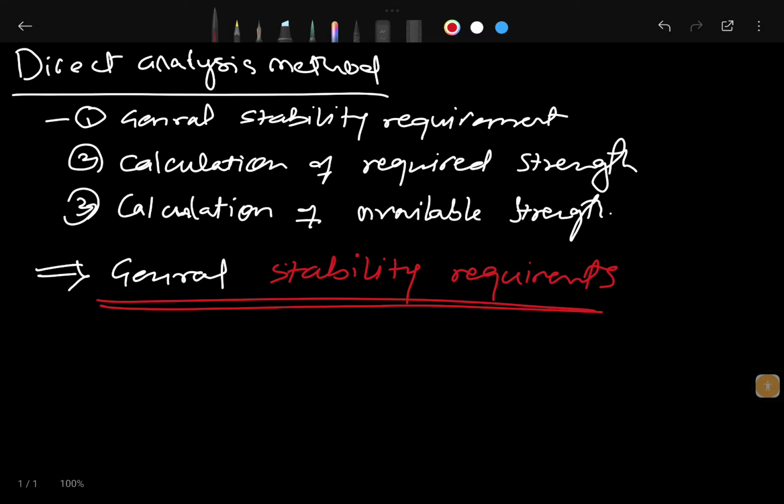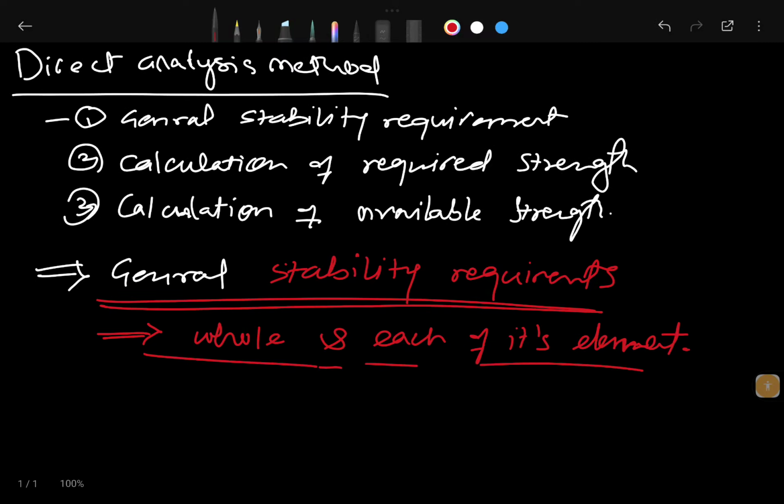First, the stability shall be provided for the structure as a whole and for each of its elements. So we consider both the whole structure and each of its elements for our structural analysis and stability purposes.